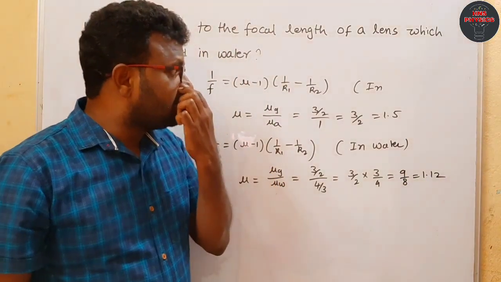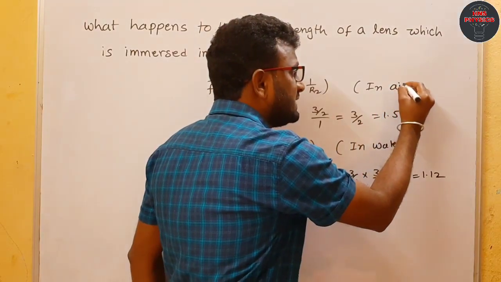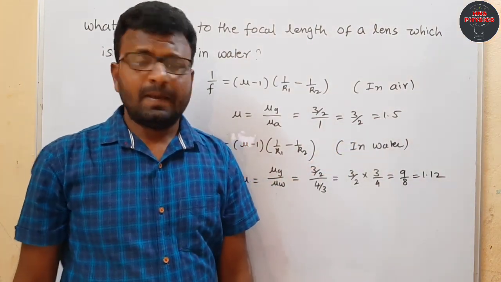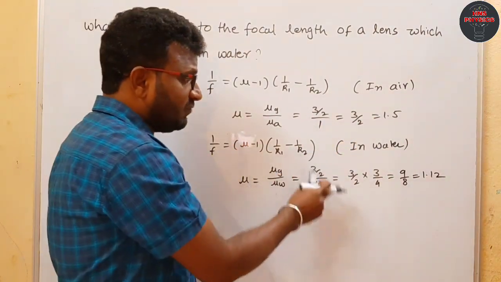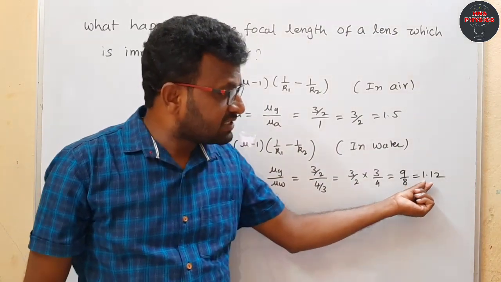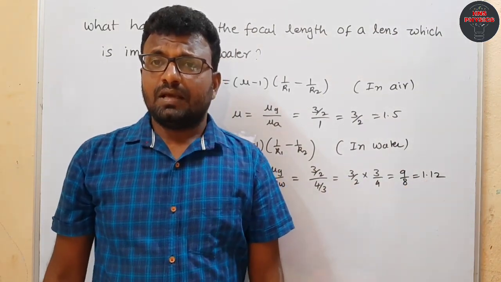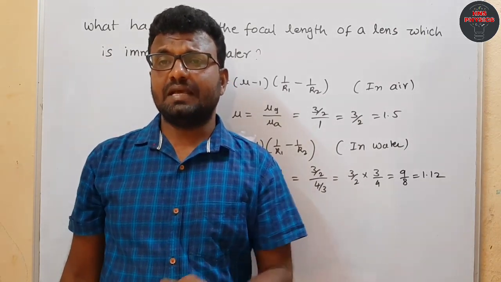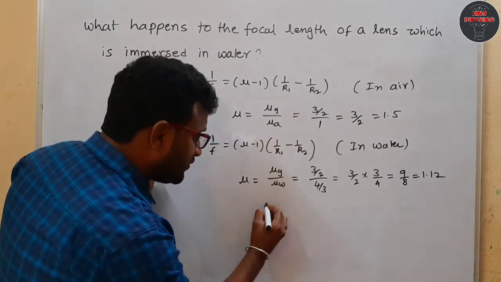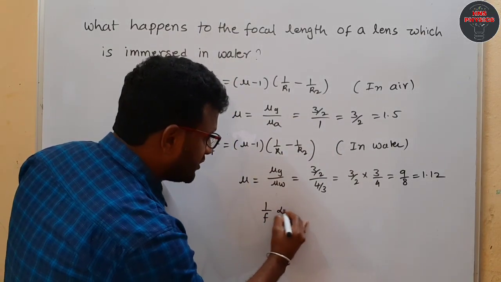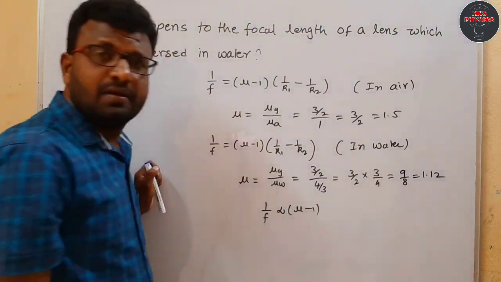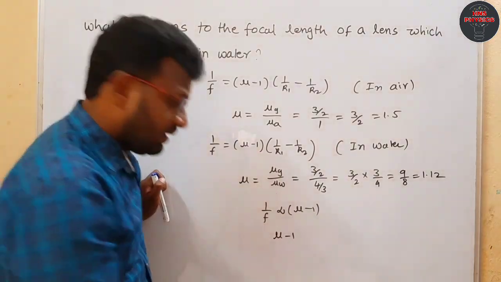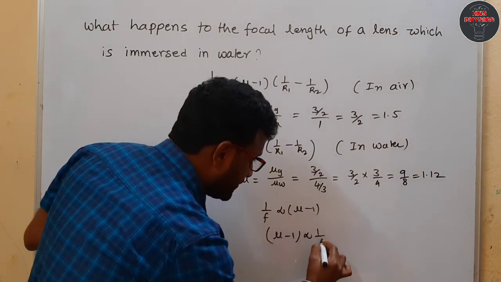So what is going on? When a lens is in air, the relative refractive index is 1.5. When the lens is immersed inside the water, the relative refractive index decreases. When the relative refractive index decreases, the focal length increases. How? 1 by f is directly proportional to mu minus 1, so mu minus 1 is inversely proportional to focal length.